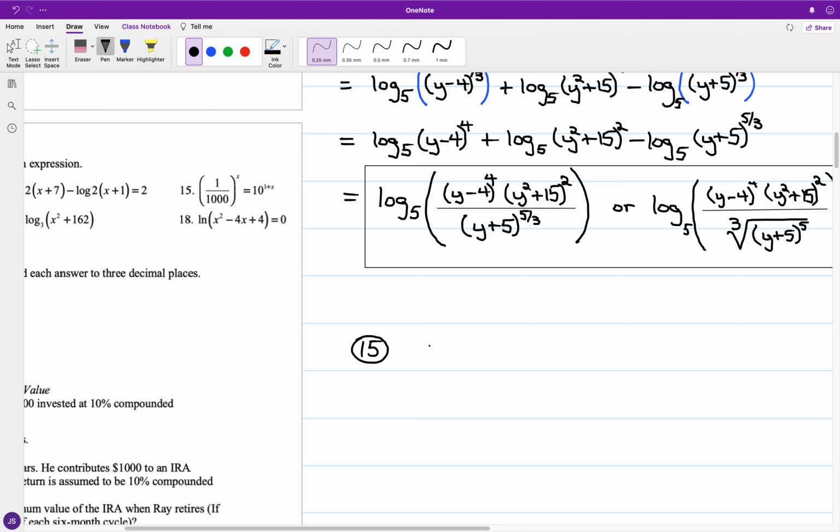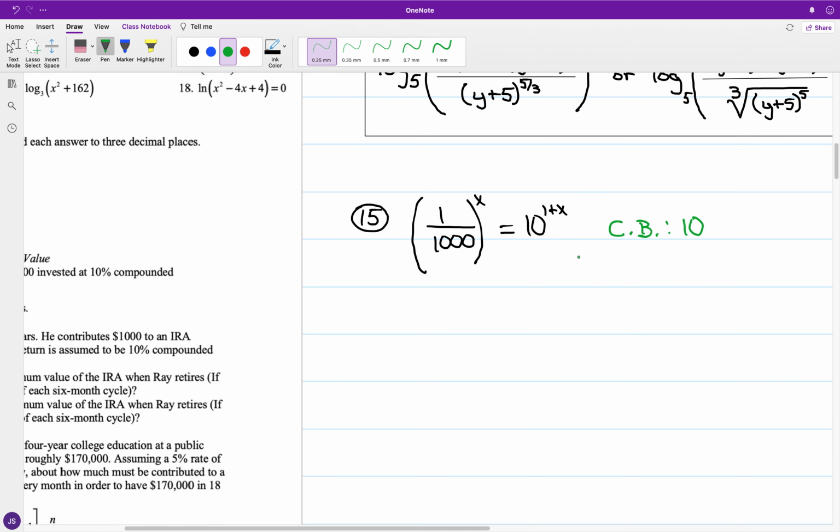Now the common base we already have present, so you have CB for common base, and that value is going to be 10.